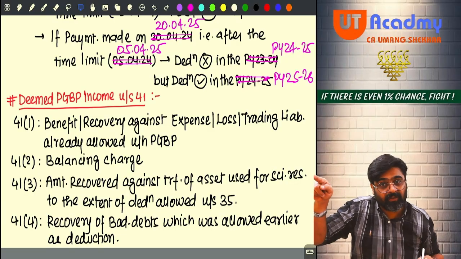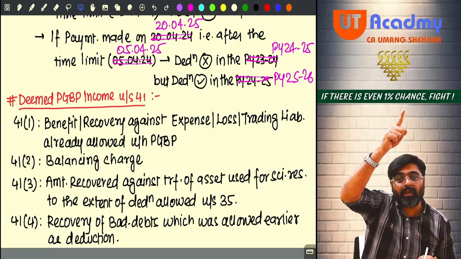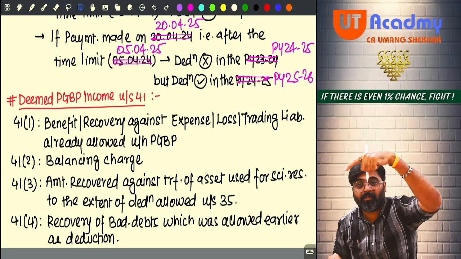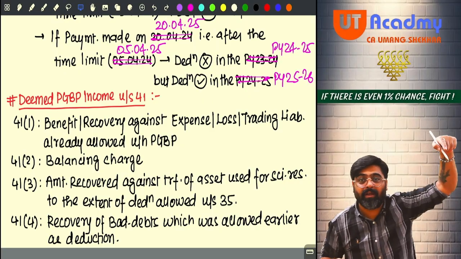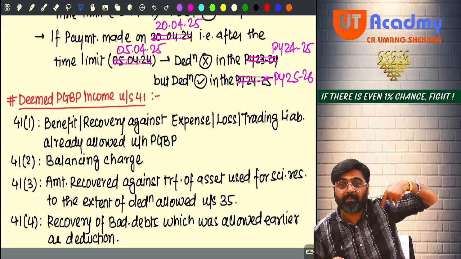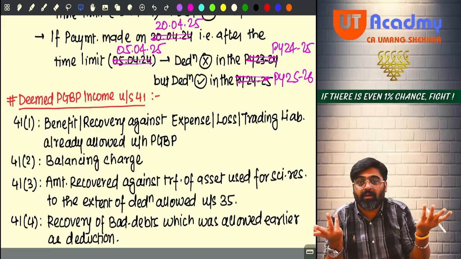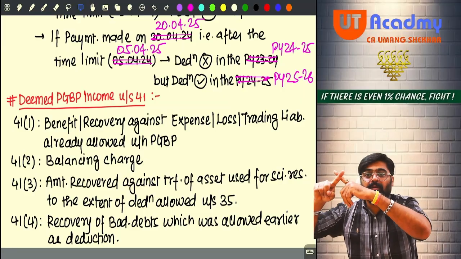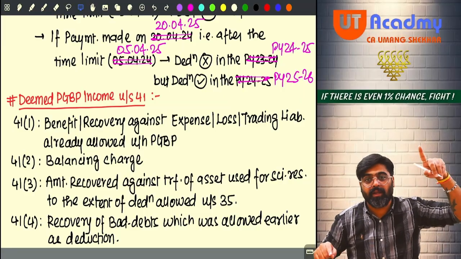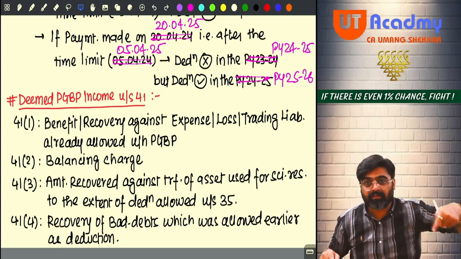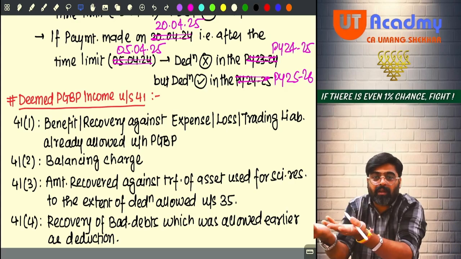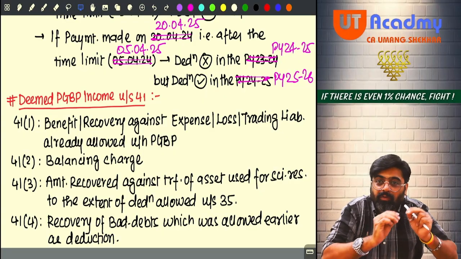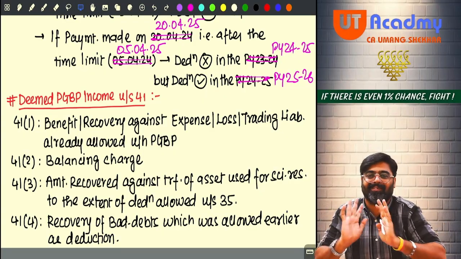That was your business expense only, allowable only. But now it will be disallowed. Why? Because the payment for this expense is happening to a non-resident. On that payment I was supposed to deduct TDS. I did not deduct. So will this be allowed or will it now be disallowed? Yes, Section 40(a)(i) says that this type of expense I cannot claim. I have to disallow. You have to remember these things.